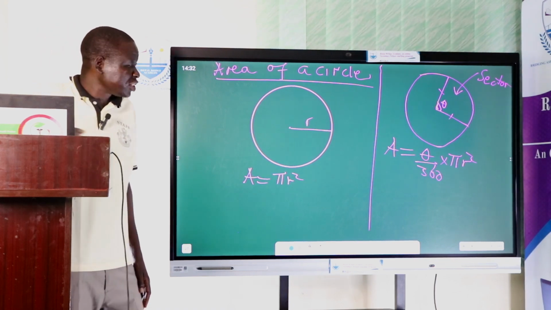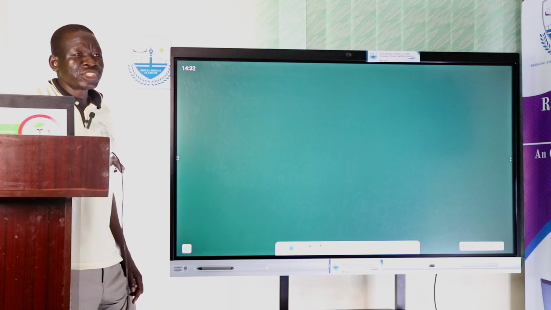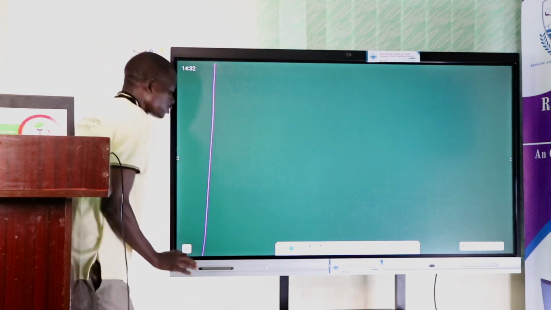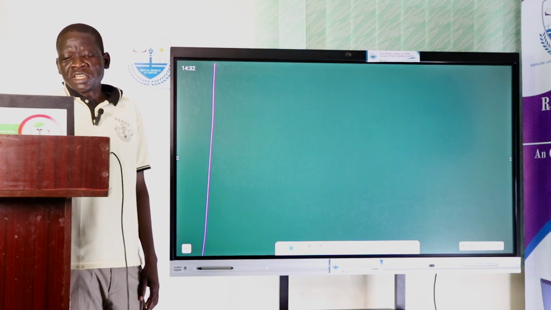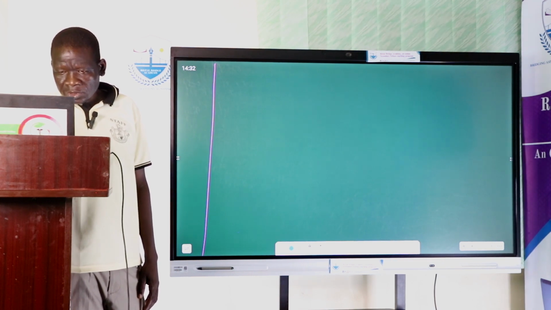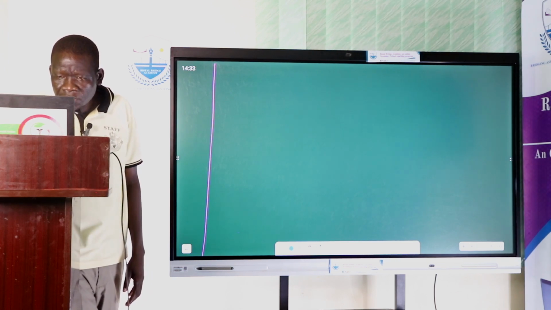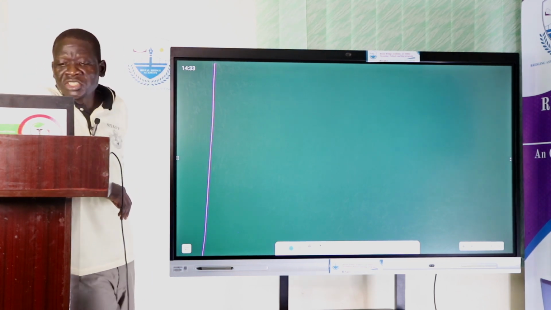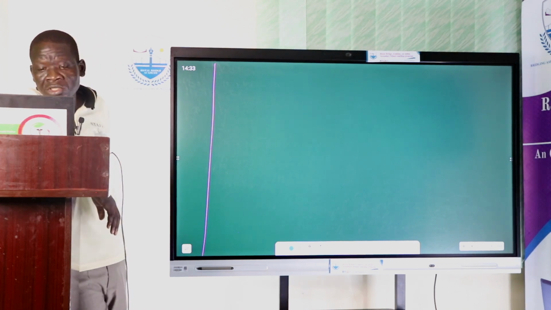We can now look at an example on how to calculate the area of a sector. There is this example which says: find the area of a sector of a circle of radius 3 centimeters if the angle subtended at the center is 140 degrees.